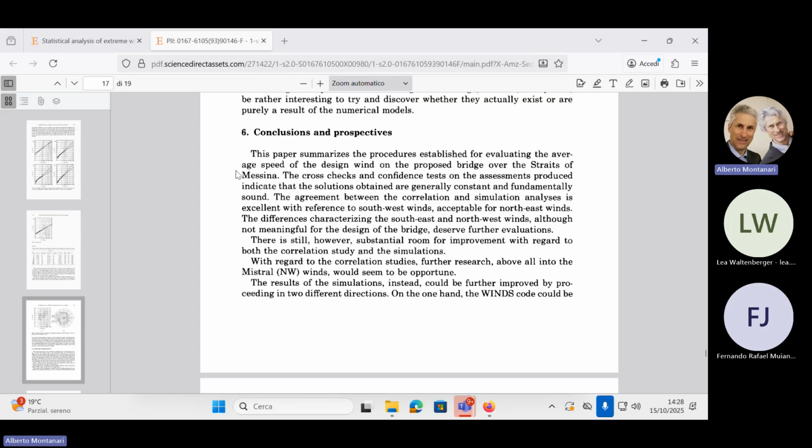Okay, this paper summarizes the procedure established for evaluating the average speed of the design wind, and there is substantial room for improvement, and the agreement between the correlation and simulation analysis is excellent, with reference to the south and northwest winds, acceptable for northeast, and the differences between these two directions, although not meaningful for the design of the bridge, deserve further evaluations.